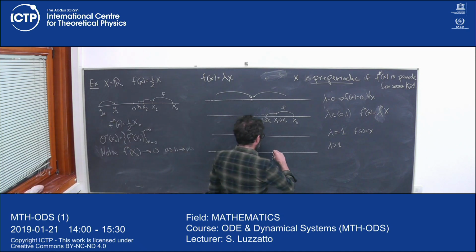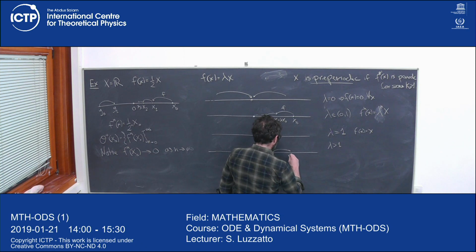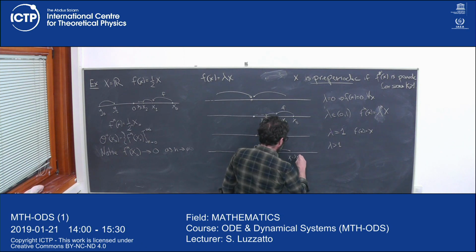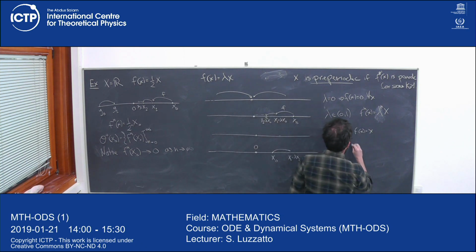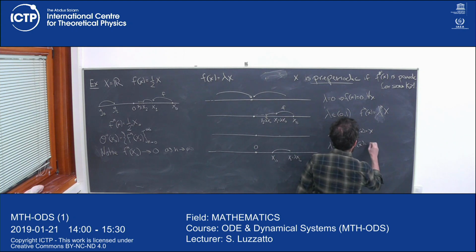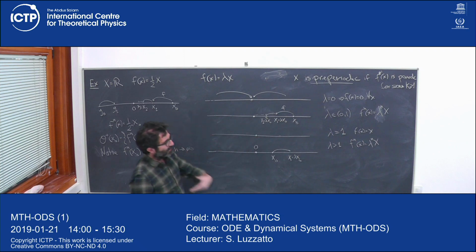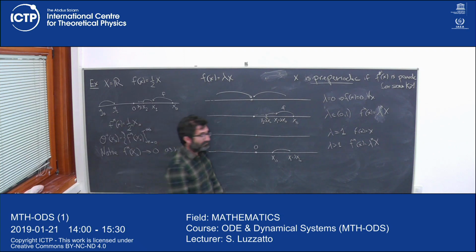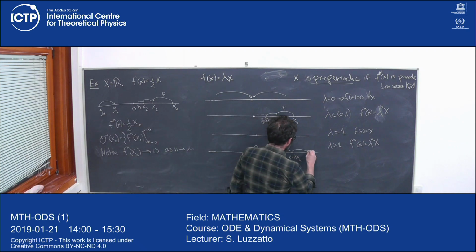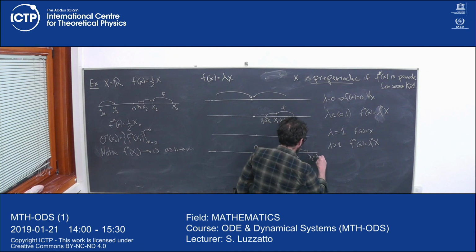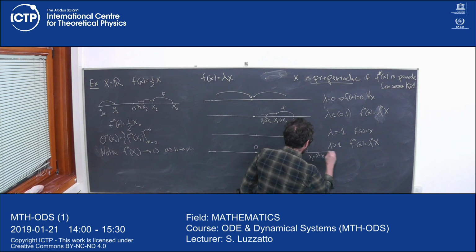And so you go by lambda, this is x1, which is still lambda x0, right? So you still have the same f^n of x equals lambda^n x, but now lambda is bigger than 1, so this is increasing. Okay, so x2 equals lambda x0, and so on.